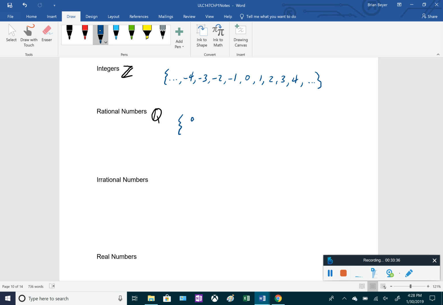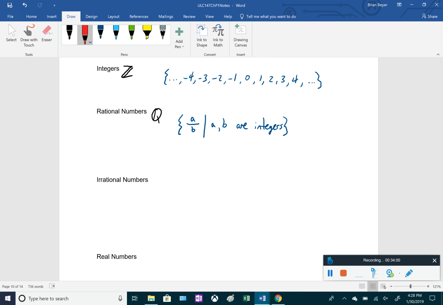So it's going to be the set of all fractions A over B such that the numerator A and denominator B are integers. So the word ratio is in the word rational, right? So rational numbers are ratios of integers.